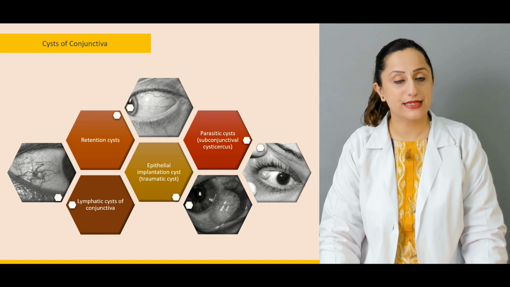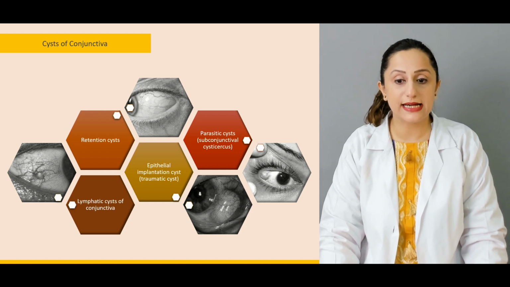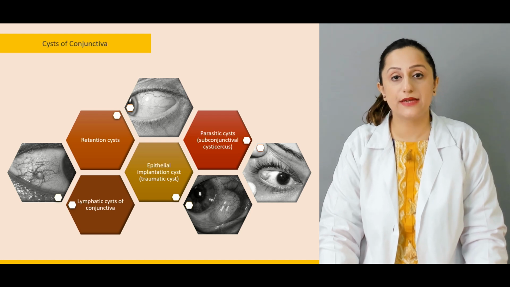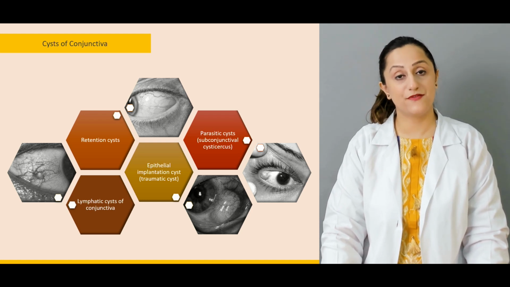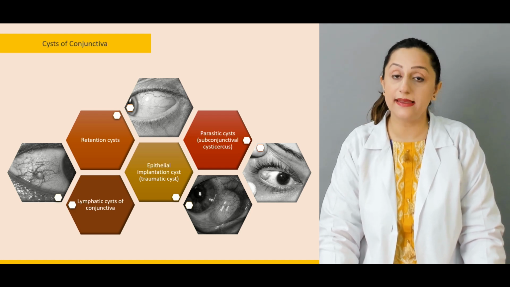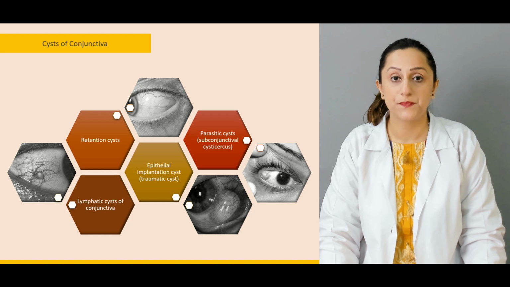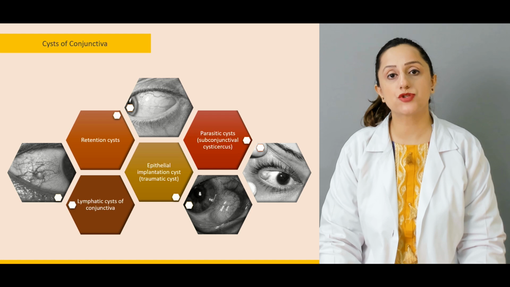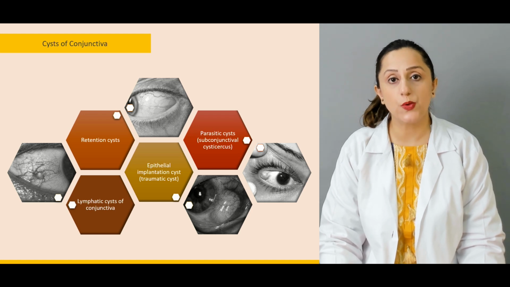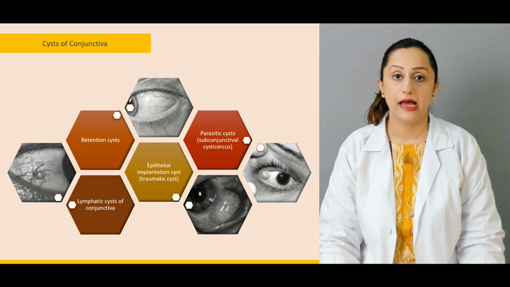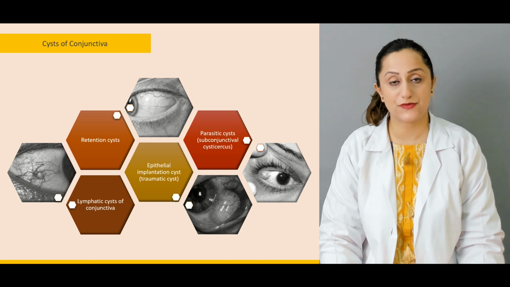Now we have the parasitic cysts, the subconjunctival cysticercosis. It's another name given to the parasitic infestations that can occur in the conjunctiva of the individual. And again, it would result in cystic lesions of the conjunctiva. It's very important to take the history from the patient to get to know any previous history of parasitic infections or any lab investigations that have been performed on such patients.